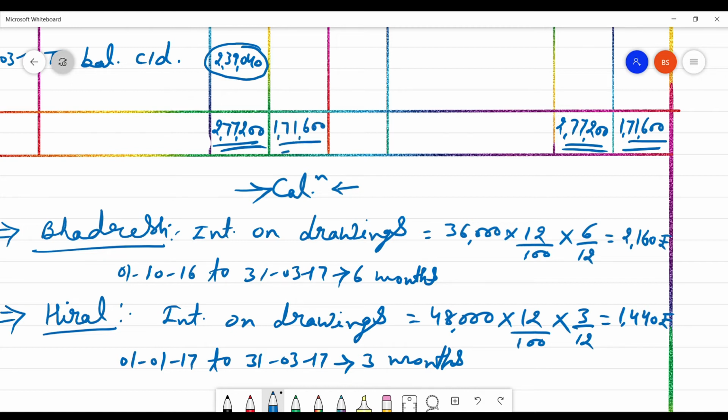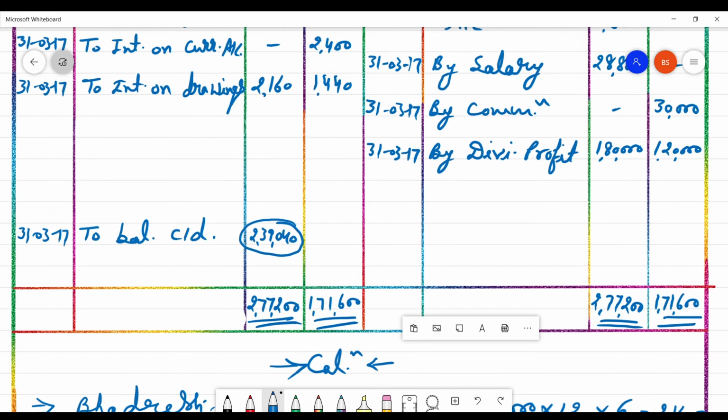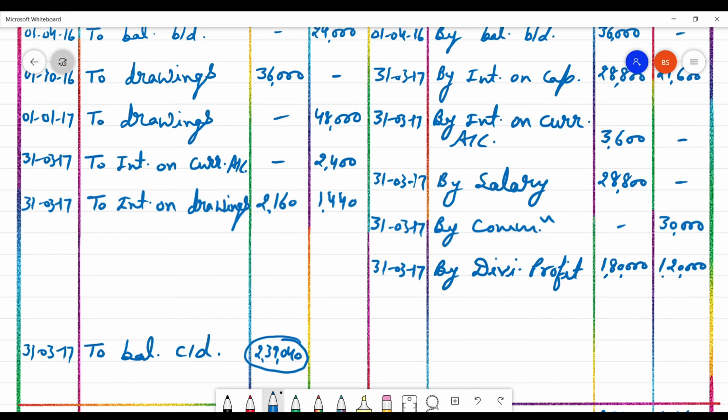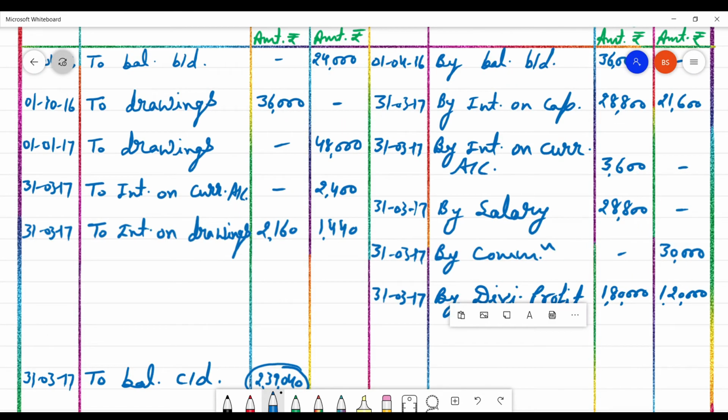1,71,600. We have to deduct the debit balance from it: minus 24,000, minus 48,000, minus 2,400, minus 1,440.